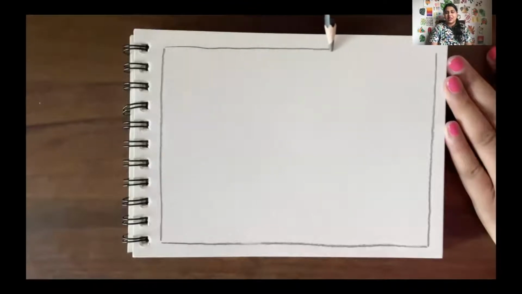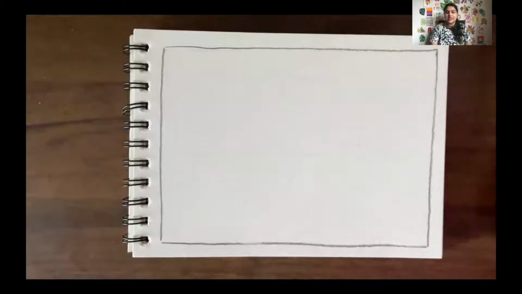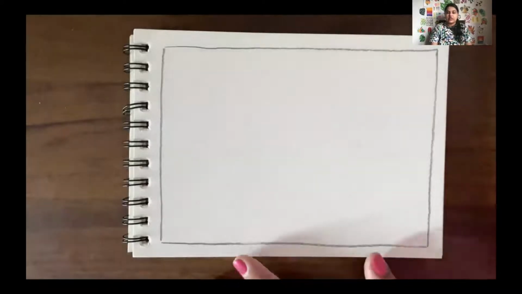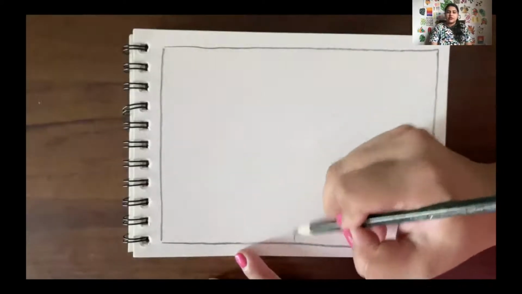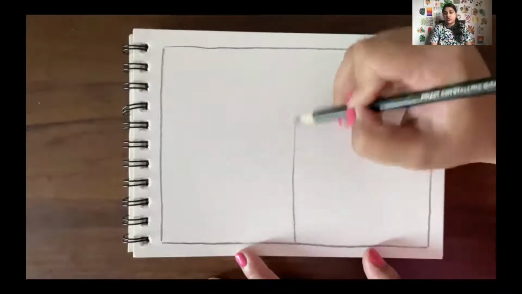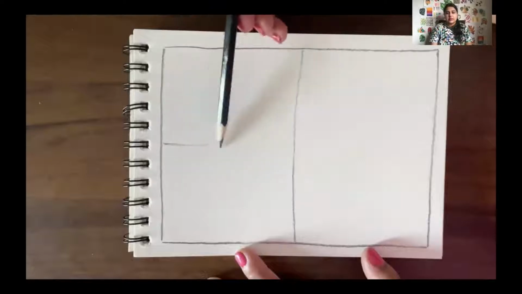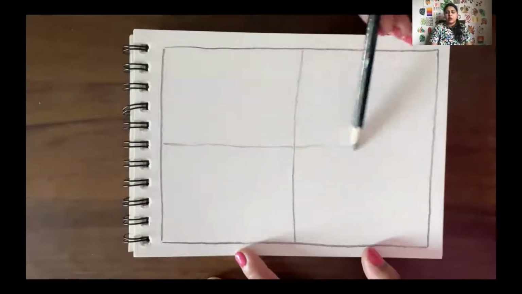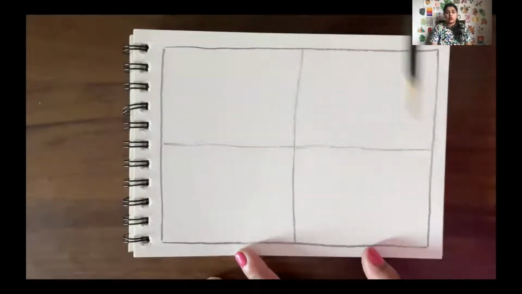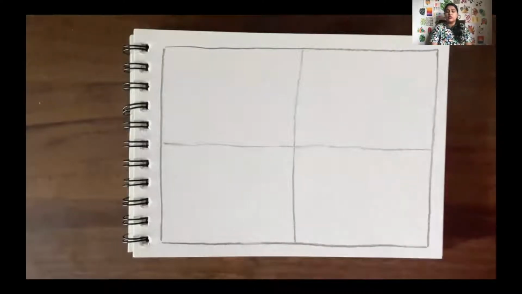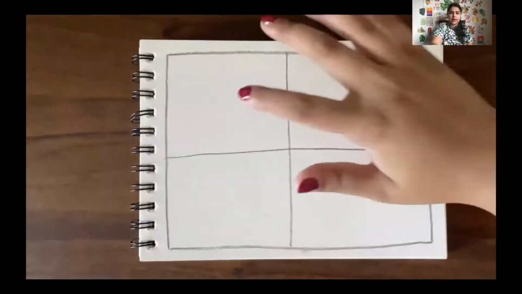No hard and fast rule that you can't use a scale. Once you're done with that, I'm going to divide my sheet into 4 parts. I'm drawing a center line, and then a sleeping line, so that my whole sheet of paper is divided into 4 simple parts.